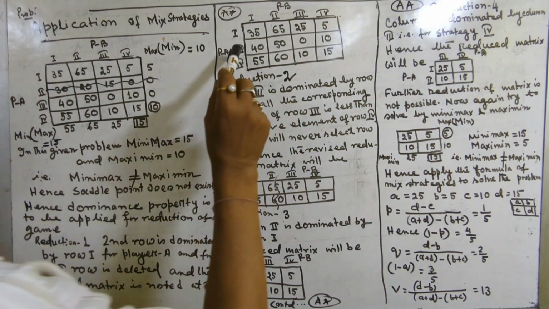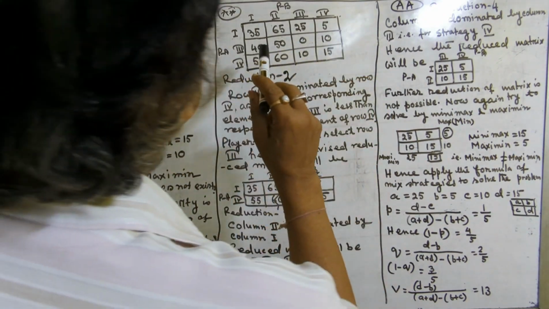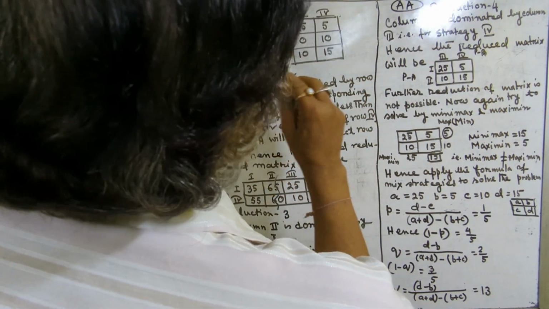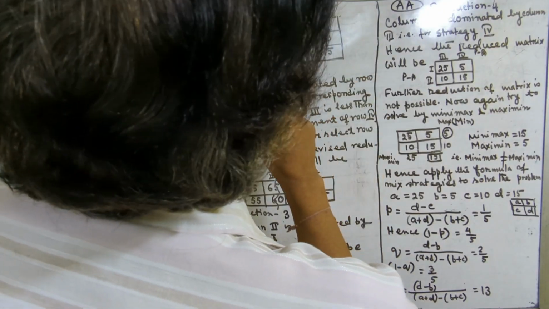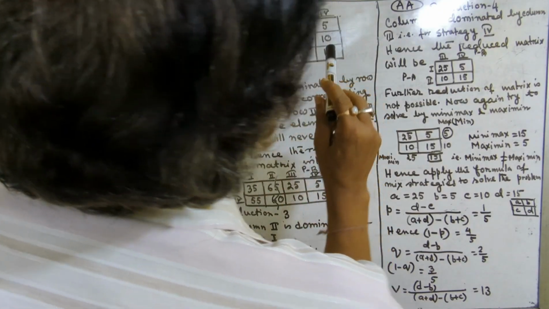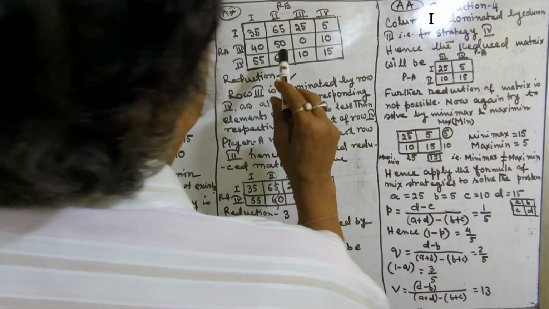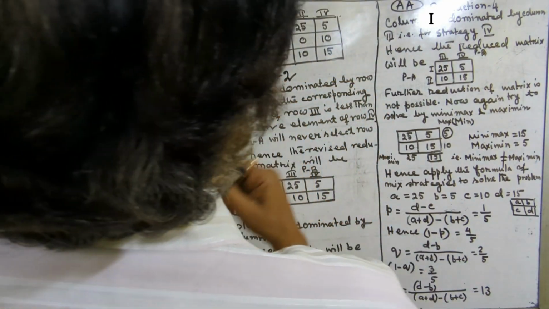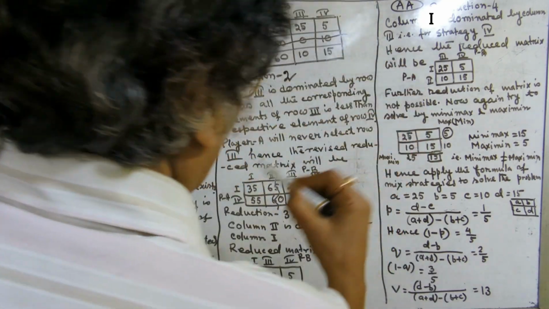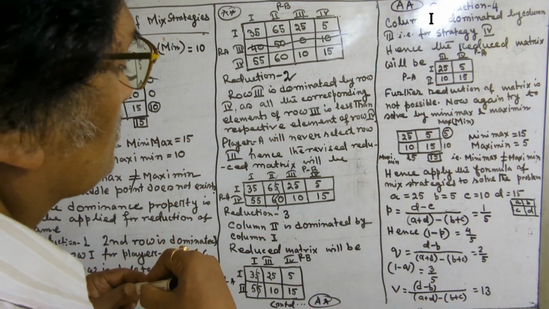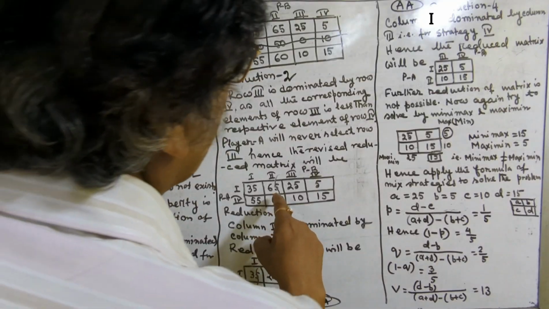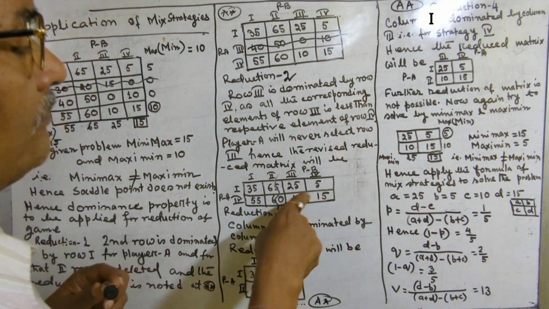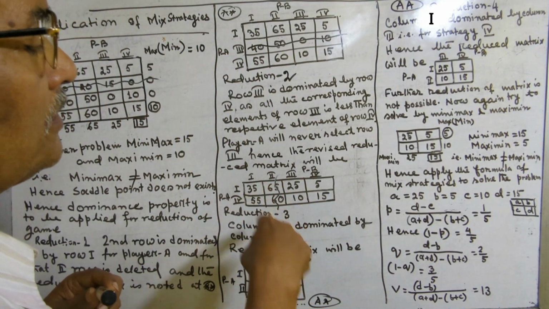That means row 3 is dominated by row 4, and that's why we can delete row 3. The reduced matrix will be 35, 65, 25 and 5, like this.